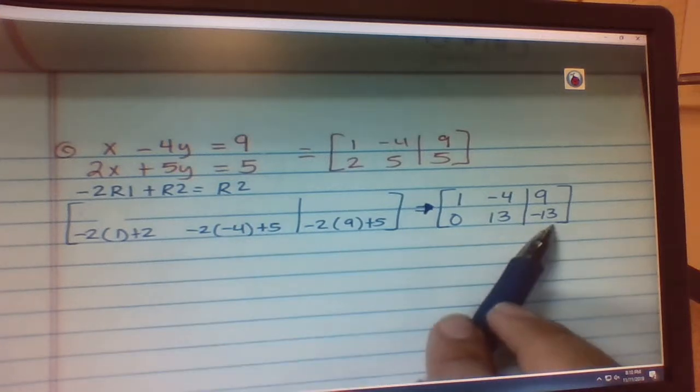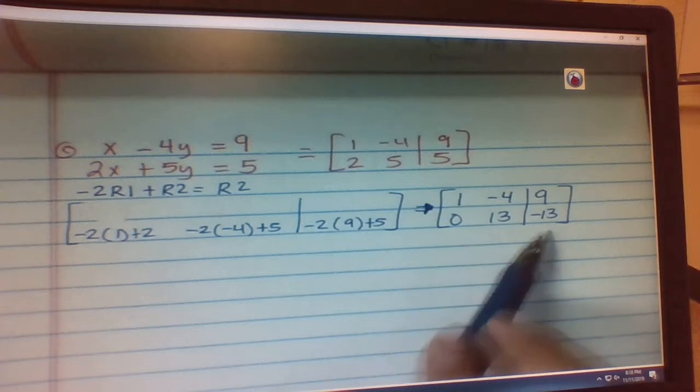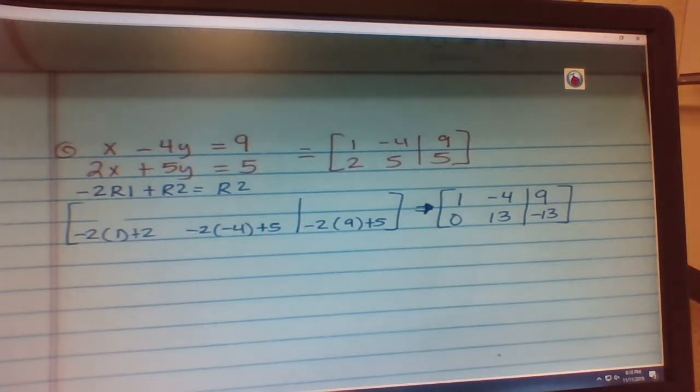Oh, the -13? -2 times 9, it's -18, plus 5 is a -13. I keep doing it and plugging the wrong numbers.